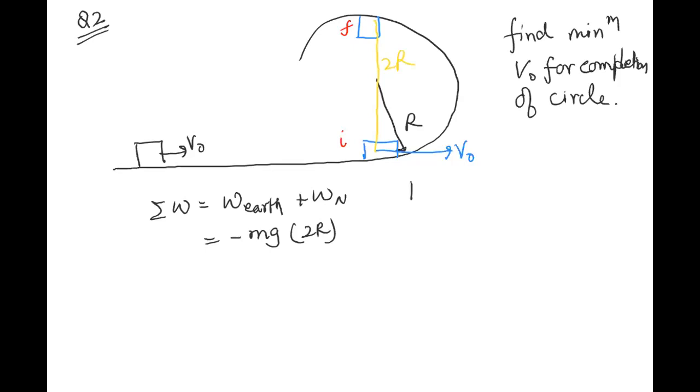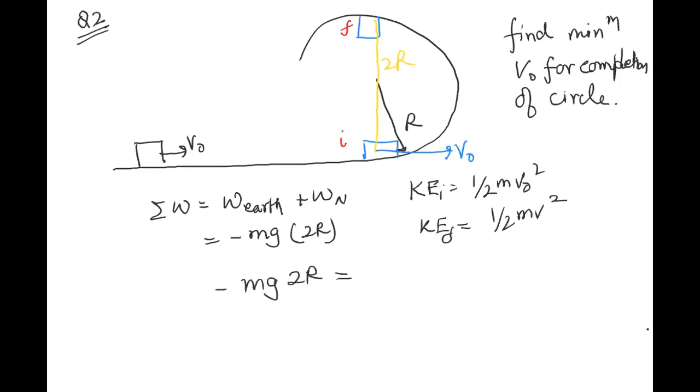And initial kinetic energy is equal to half mv naught square. Final kinetic energy is equal to half mv square. So minus mg into 2r work done is equal to final kinetic energy minus initial kinetic energy.